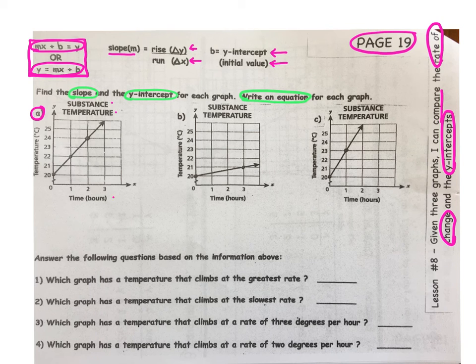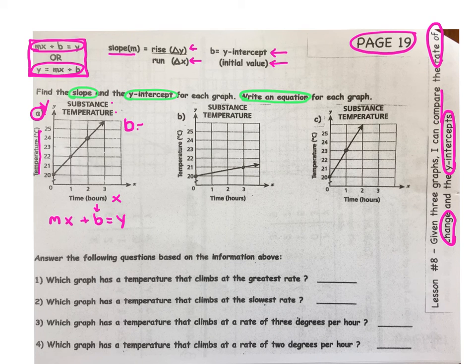We have time in hours, that's our x value, and we have the temperature that represents our y values. We know we have to write an equation, so we're going to use the form mx plus b equals y.